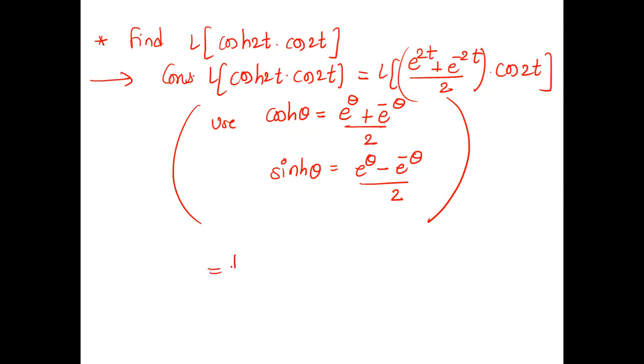I can take it out as common: 1 by 2 into Laplace of this into this plus this into this. So it is e raised to 2t into cos 2t plus e raised to minus 2t into cos 2t.